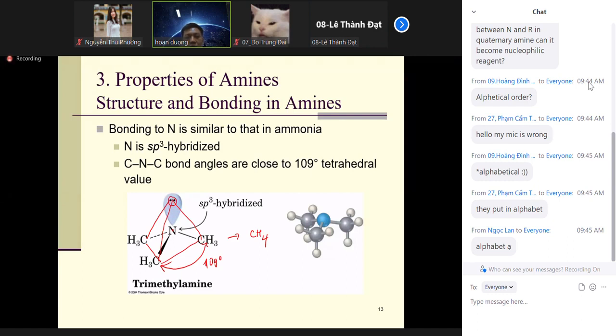I'm sure it's not like CH4, but we can say it's very similar to. And now you can see the picture. On the picture here, actually we should understand that they have a pair of electrons here, okay? And here's C3, and the pair of electrons is not shown here, I think.